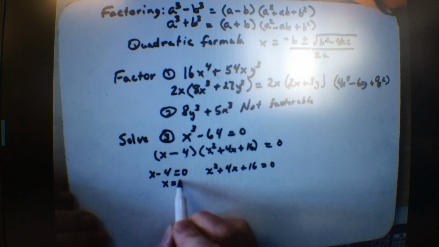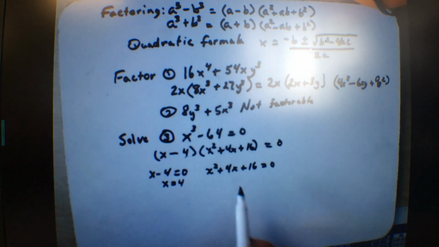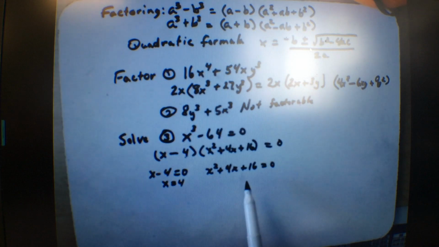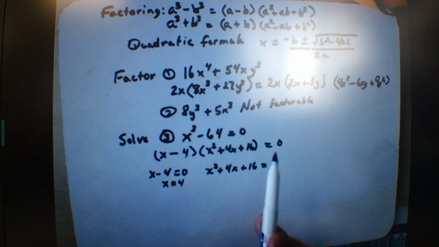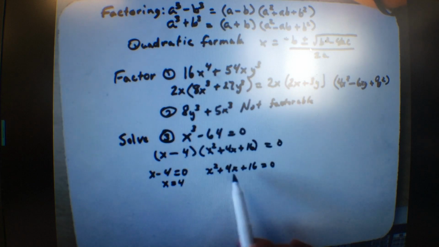It's x equals 4. Do you agree with that? Yep. Okay, this one, you're going to try to reverse FOIL, or that's what you would try to do. I'm going to tell you right now, when you have a cube, the trinomial is never factorable. Never. Even if it looks like it is. This one really looks like it's factorable, but it's not. That's x squared plus 4x plus 16, right?